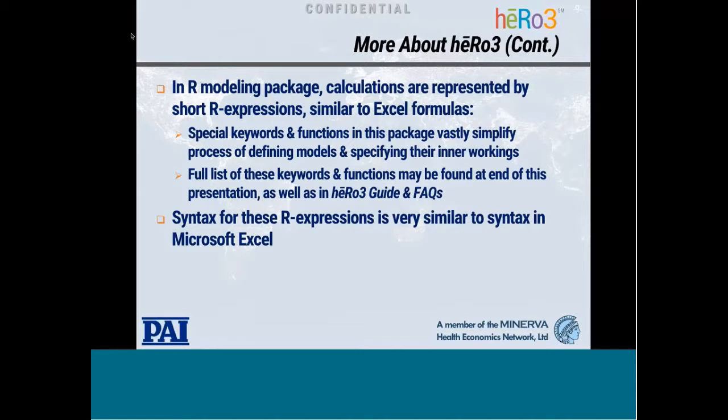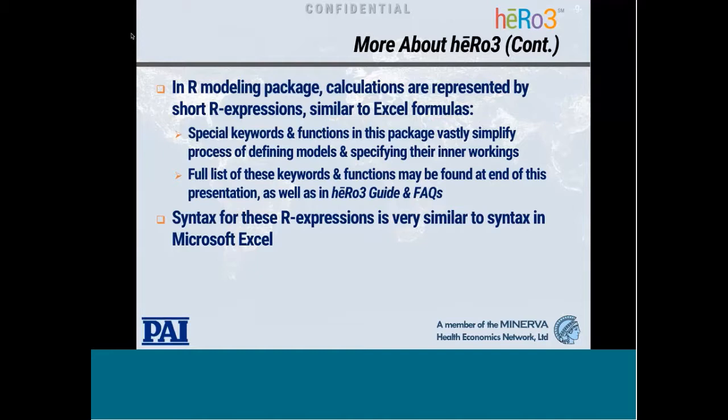So a little bit more about the modeling packages behind heRo3. The way it works is you define your model as a series of tables which make up the structure of the model. And the calculations that are necessary within those models, for example, the calculations of the transition matrix, are defined using short R expressions, which are similar to Excel formulas.